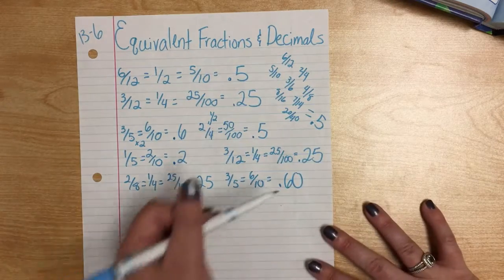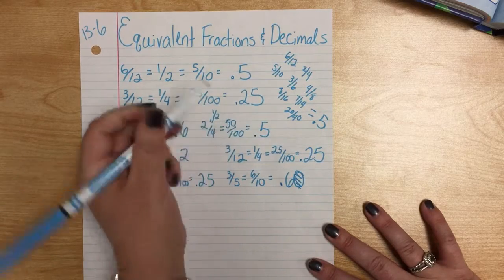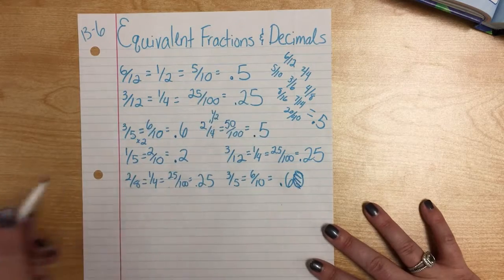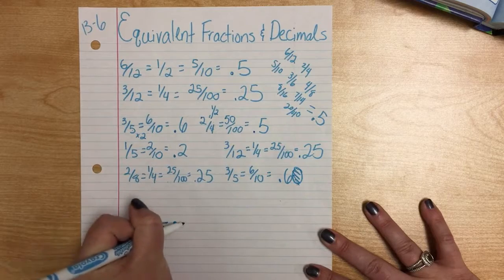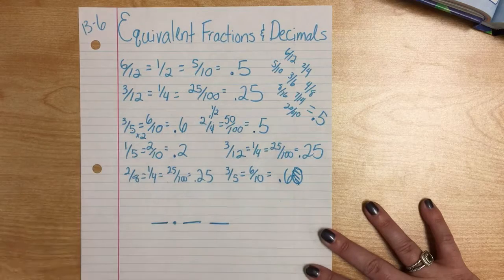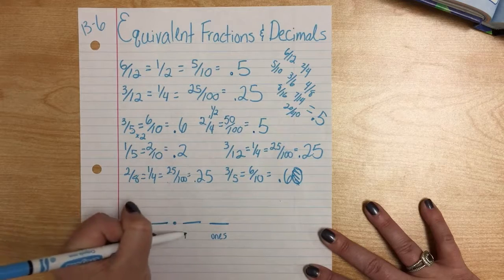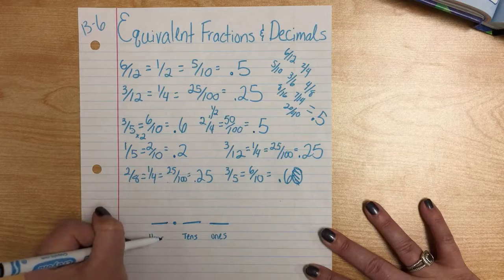0.60, yeah. Most of the times, you won't ever see that 0. You'll see 0.5, which really means that there is a 0 there. But remember, when we're doing decimals, if you've got a decimal written out like that, this is your ones, this is your tens, and this is your hundreds.